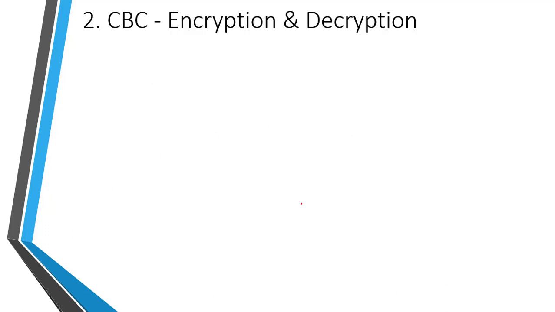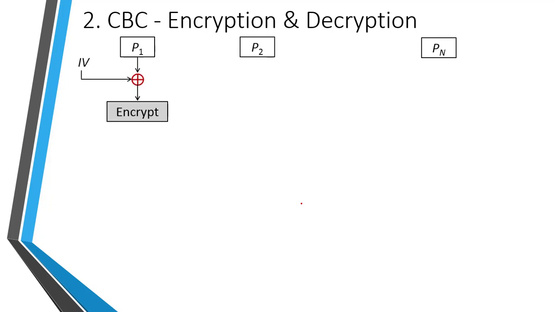Next we will see CBC, that is cipher block chaining mode. CBC is used to overcome the security deficiency of ECB, in which the same plaintext block, if repeated, produces the same ciphertext.